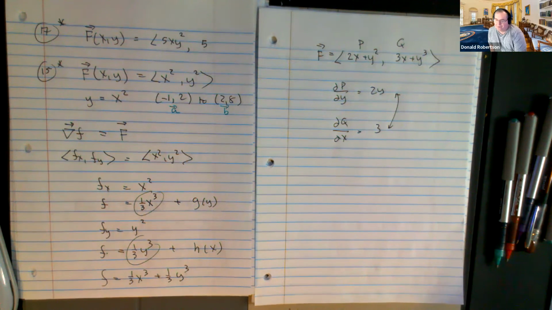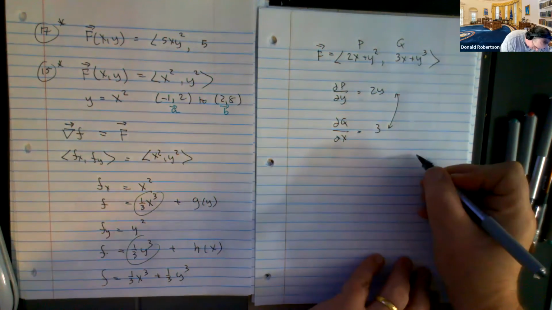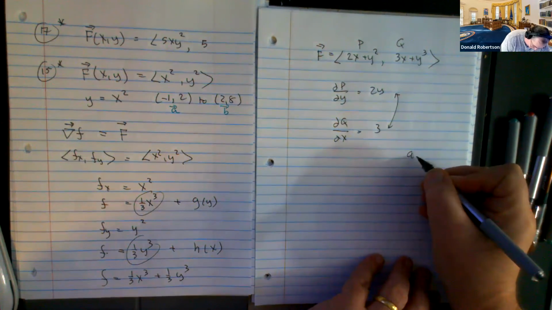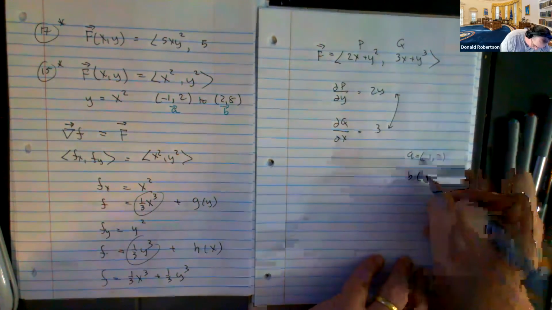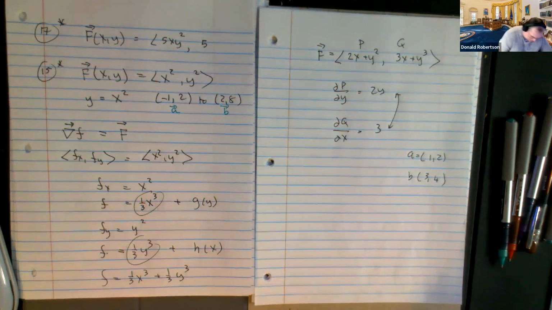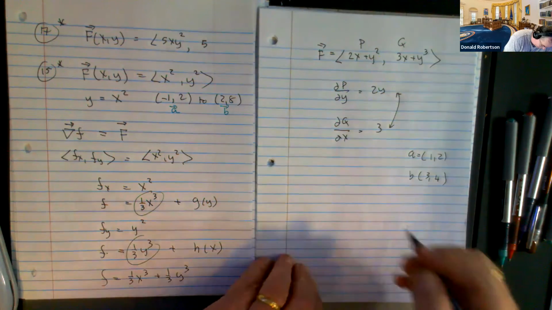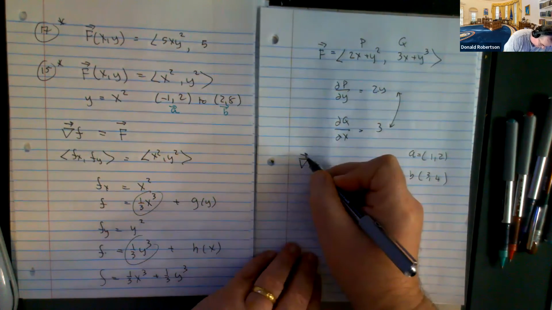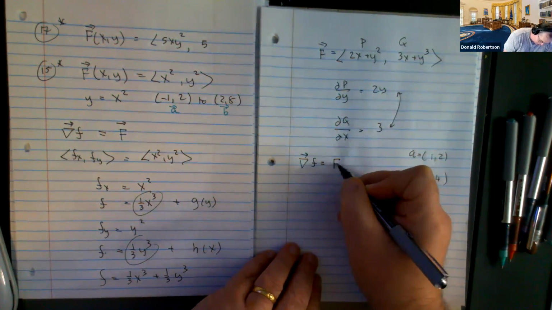But I'm going to pretend that I didn't check. And I am going to do the process as if it was a conservative field. And let's assume that we're going to do it from the point A with coordinates 1, 2 to the point B with coordinates 3, 4, just for argument's sake. Then that has to be true.